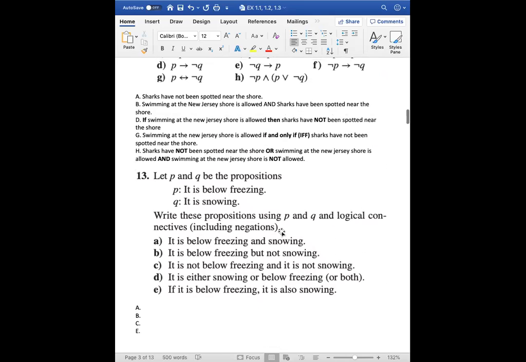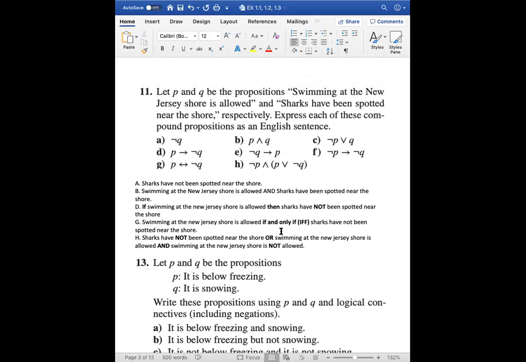I have a question. Why didn't we start with "not P" on part H? Why didn't we start with the not P, like say swimming at the New Jersey shore is not allowed, and then go on with the other P or Q?